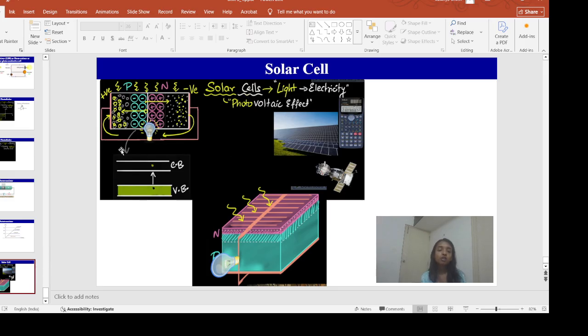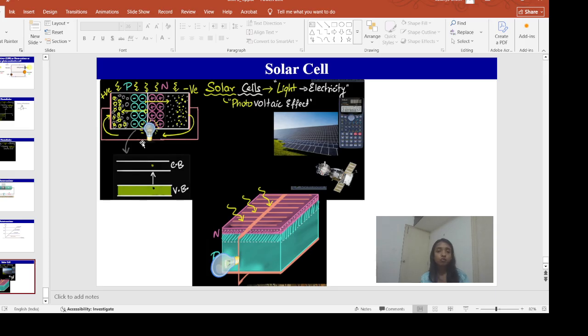The operation of the solar cell is almost similar to the photodiode. Here we are using the PN junction diode, but we are not using any biasing.